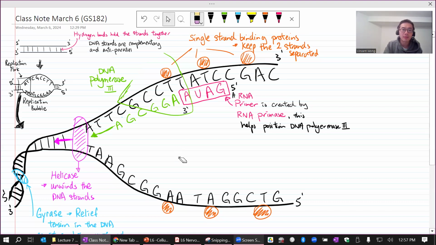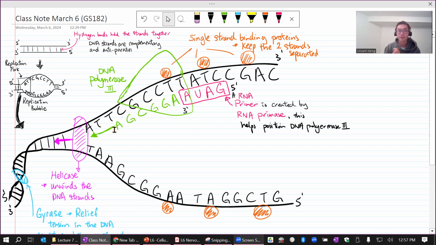Okay, so I am using a different color here to show that the red part is done by the RNA primase, right? And that's like me doing a few questions for my kids, and then the DNA polymerase 3 will continue to do the rest of it. So that's why it's a different color, to show which part was done by the primer and which part was done by polymerase 3.